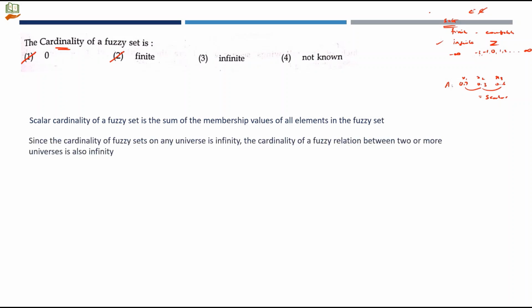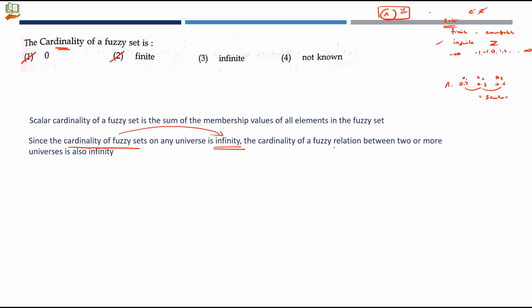The statement that I saw in one of the fuzzy logic books: the cardinality of fuzzy sets on any universe. Whenever you talk about a set A in classical sets, you will be placing it under a universal set, so this is for any universe. The cardinality of fuzzy sets on any universe is infinity, so this is giving you the cardinality of fuzzy sets.